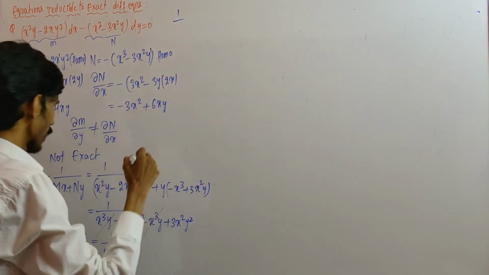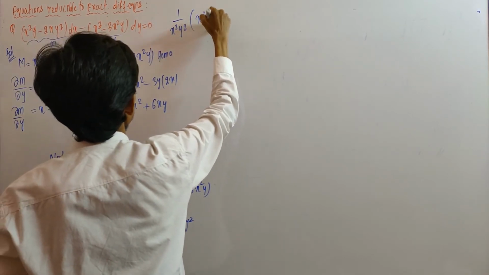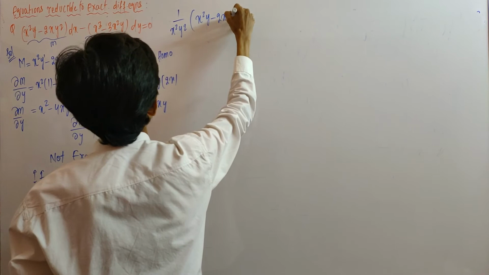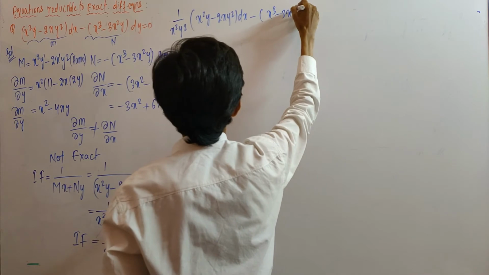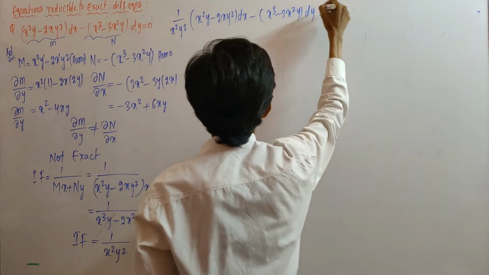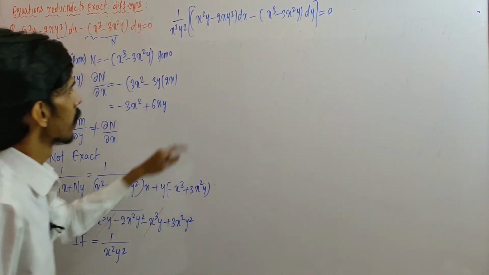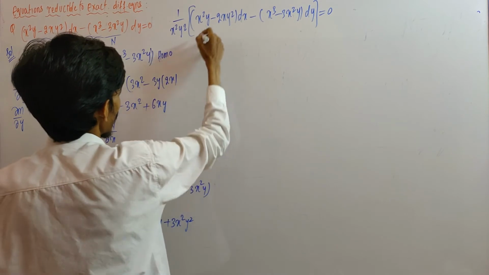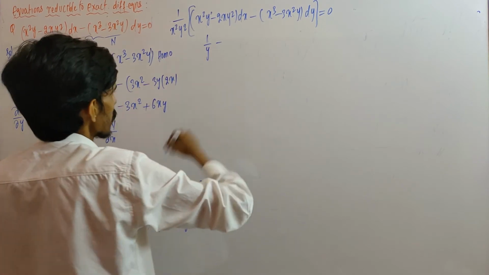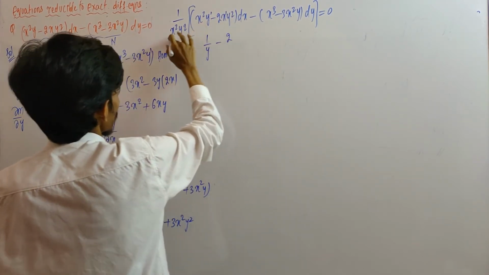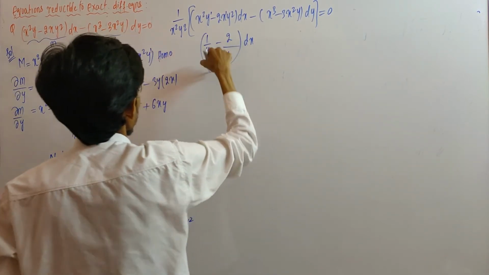Now we have 1 by x squared y squared into the given equation, so we multiply the integrating factor to the given equation. Now x squared cancels, y cancels. Here I have 1 by y minus 2, x will get cancelled here, y squared cancels, so we will get dx.